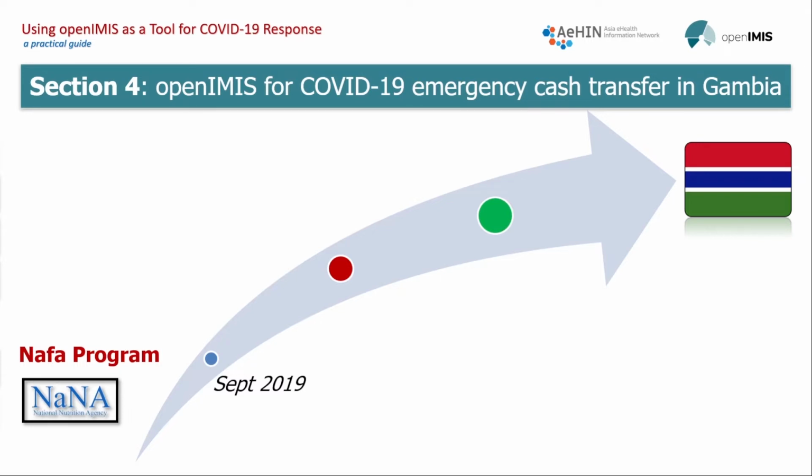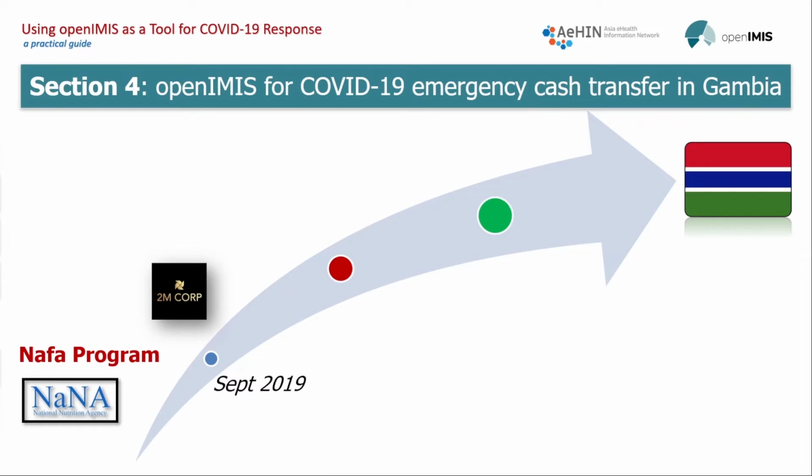The Gambian authorities contracted the services of 2M Corp, a local startup software development company, to design and develop the software modules of the Management Information System, or MIS, for the NAFA program, as well as to provide technical assistance to NANA for the project implementation teams to manage and eventually operate the system.